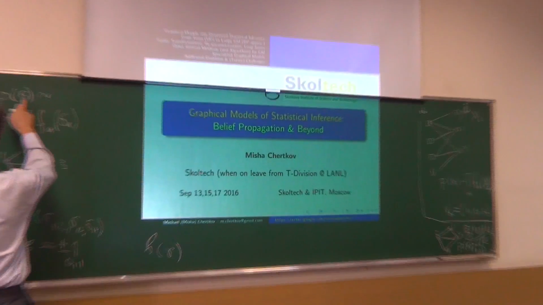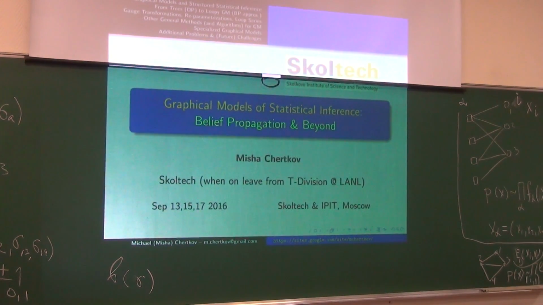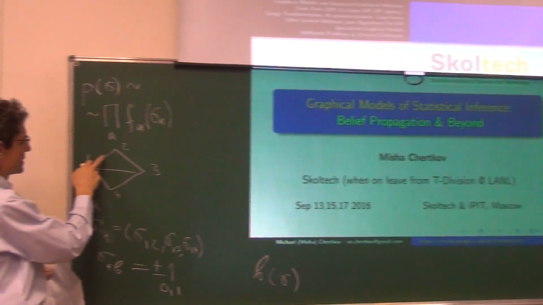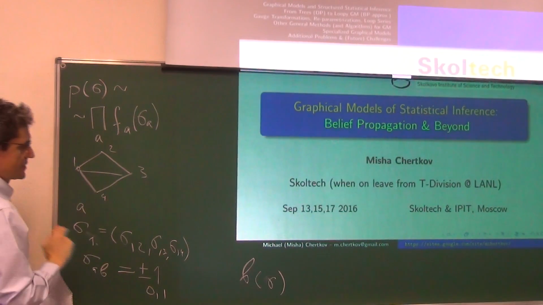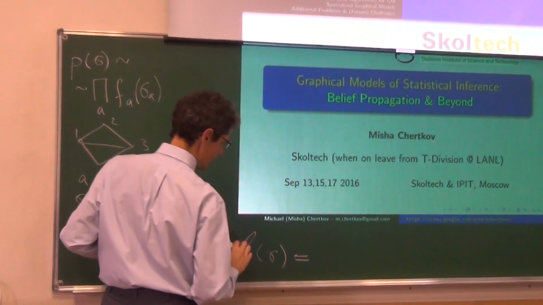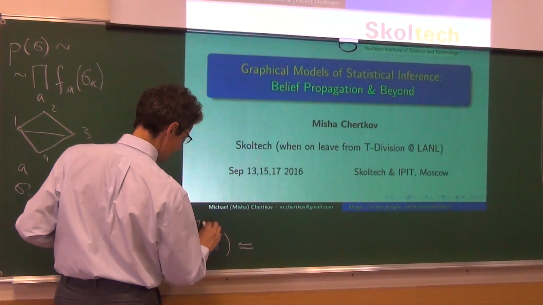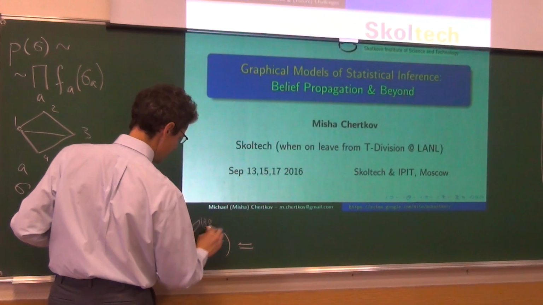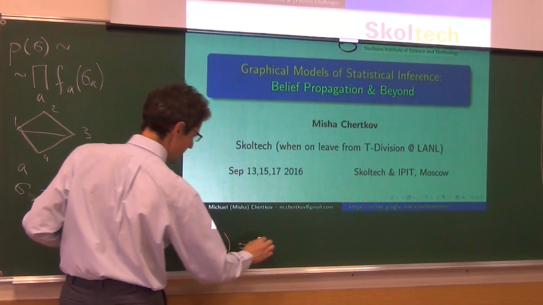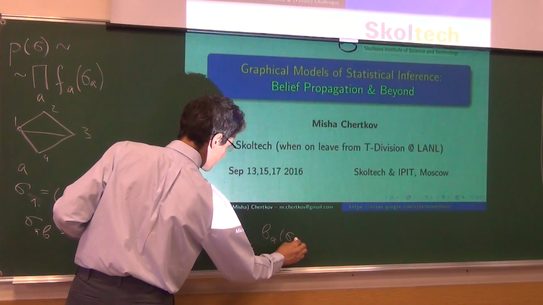Oh yeah, and sigma is of course a full vector for all components of my variables, in this case associated with edges. In the case of belief propagation substitution, so let me put it this way: belief BP. It was in this format.